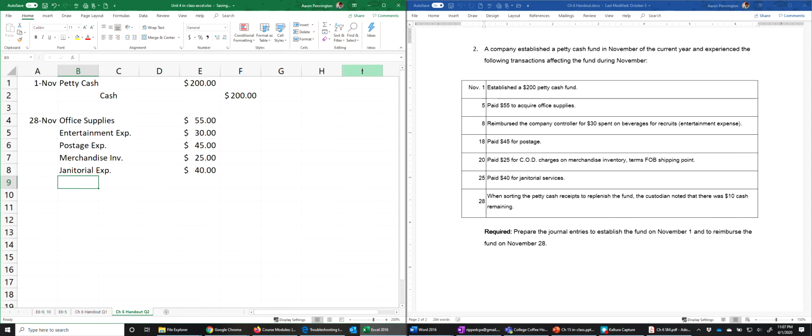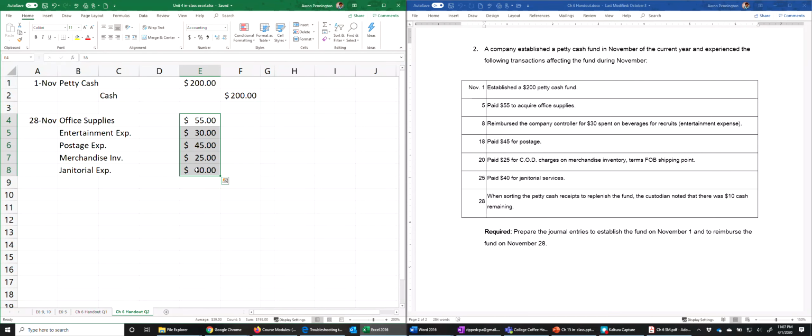Now, the previous problem that we had gave you the over and short. This time we need to figure it out and determine if we need cash over and short, or if they balance out. All right. So if the dollars in the fund, we should have $190 worth of receipts.